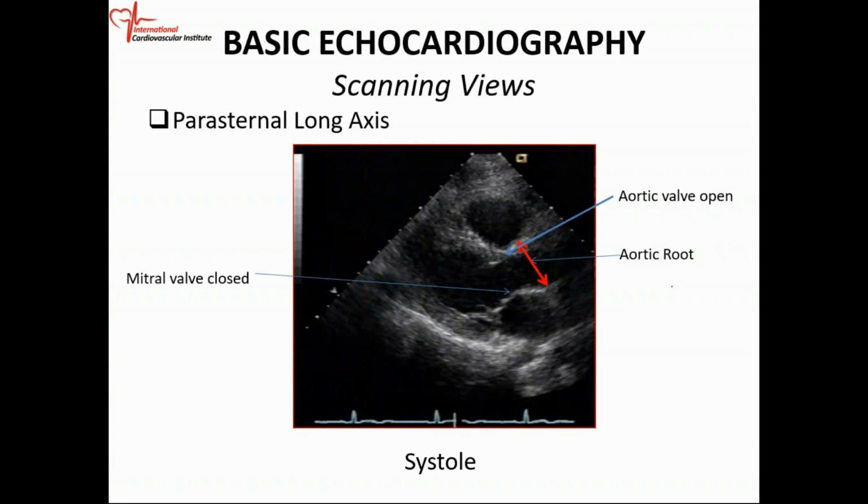Even though we say aortic root measurement in systole, it's done in diastole. The measurement that you're going to do in systole is the left atrial measurement. The left atrial measurement is from leading edge to leading edge, from the top of where your aorta meets the mitral valve, the top portion of the left atrium.